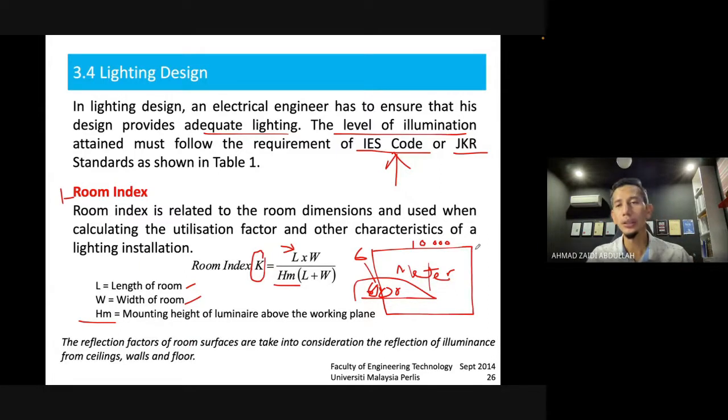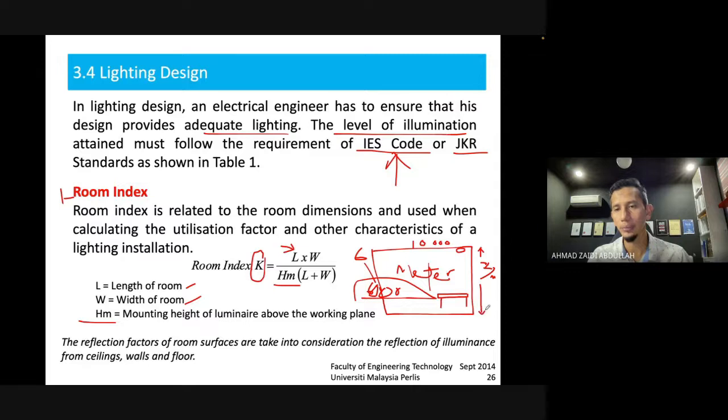Let's say this is your lamp here, and then this is the level of the desk. So you need to calculate. Let's say normally this one is 3 meters, the 3 meters from here to here.